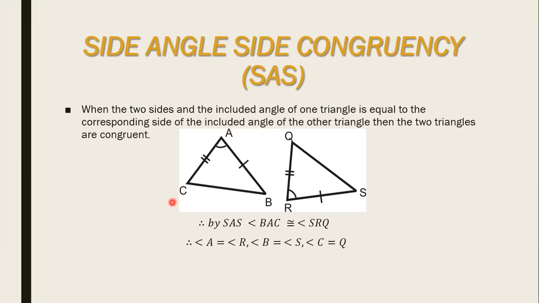See here triangle ABC and triangle QRS. Here two triangles are there. Now here you can see AB side will be equal to SR, then AC side will be equal to QR.